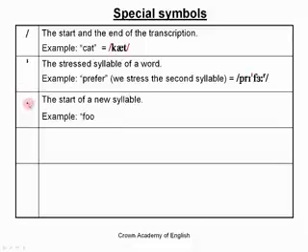This dot symbol shows the start of a new syllable. Example, the word football has two syllables, foot and ball. And in IPA, we show the start of the new syllable with the dot.